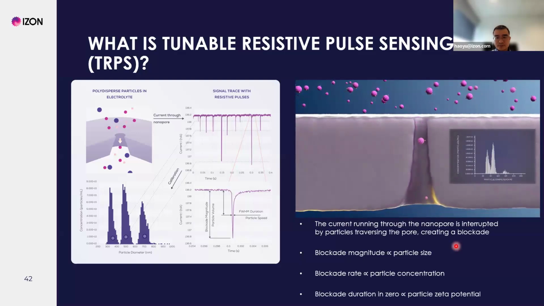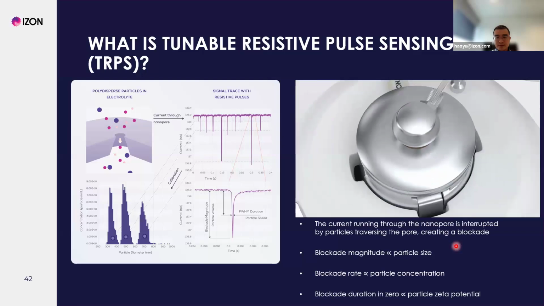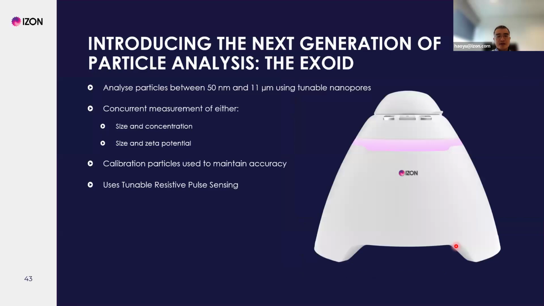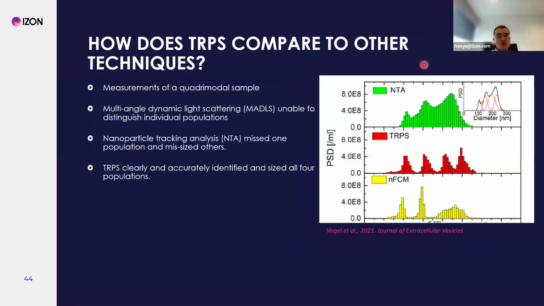The high level of detail provides confidence in your experimental results and enables you to get representative information on your sample. As mentioned, this device can measure from 50 nanometers to 11 microns. It measures each particle passing through the nanopore, so it's actually single particle resolution. It's not like an optical method that gives you an estimated number.